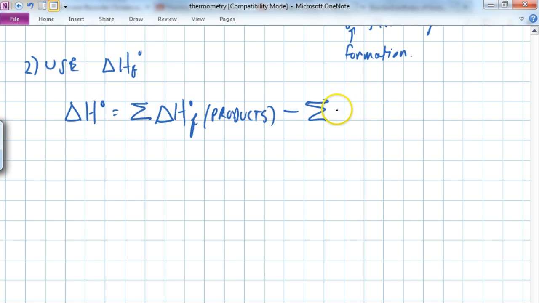We don't really have a name for this equation, although you can show that this can be derived from Hess's law. The heat of formation of the products minus the heat of formation of the reactants. And this, of course, is the sum. So the sum of the heat of formation of the products minus the sum of the heat of formation of the reactants. And remember that elements in their standard states are taken to be 0.